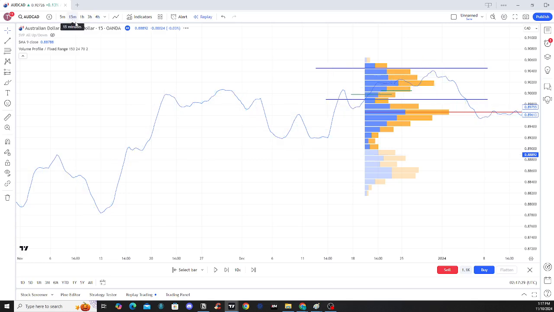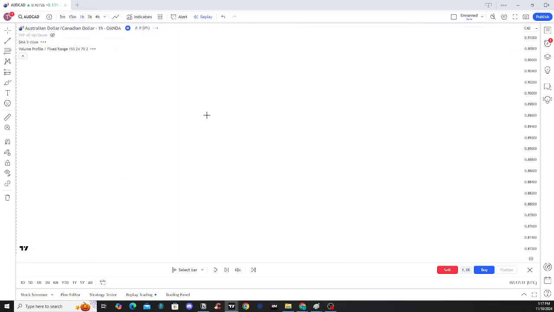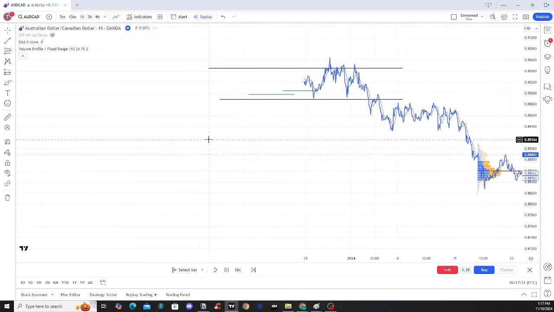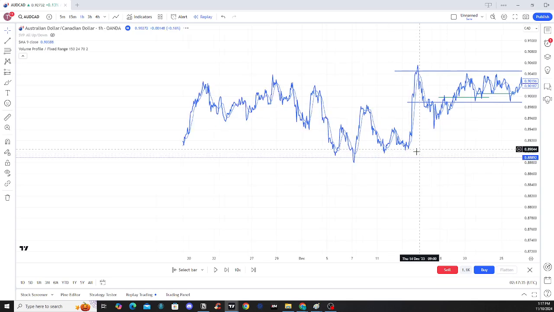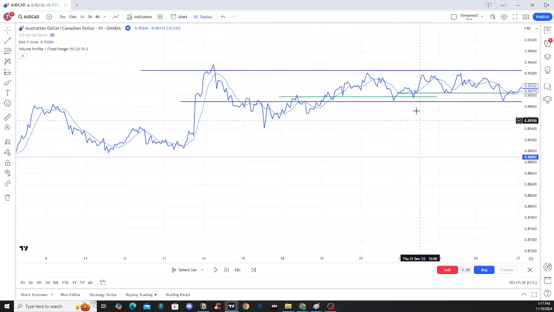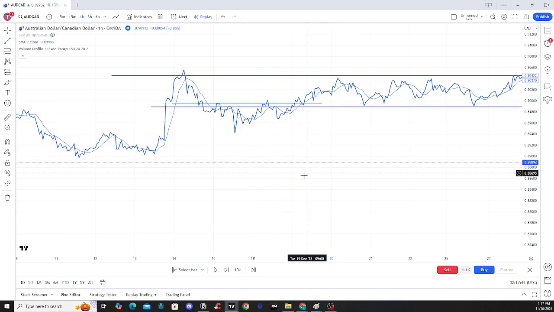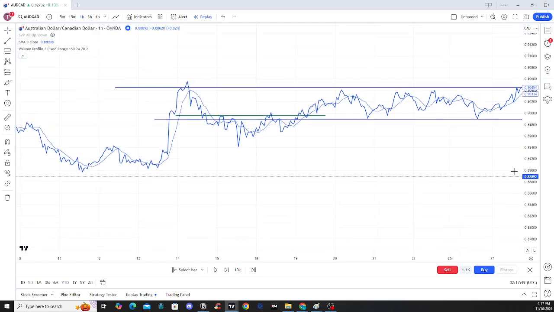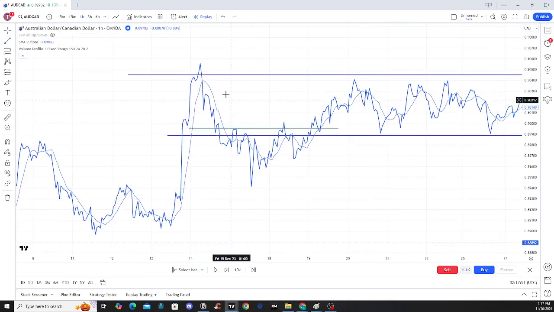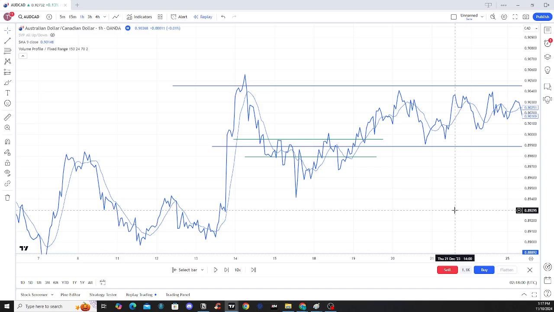So moving into, let's go to the 1-hour chart first. Moving into the 1-hour chart, the structure of the trading range becomes slightly more apparent. The change of character occurs when price moves into a flat trading, or a sideways trading range rather.